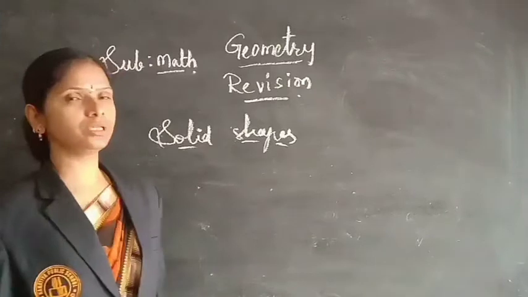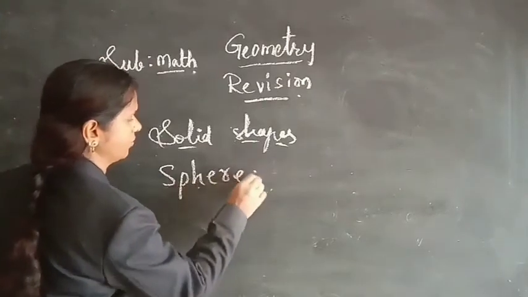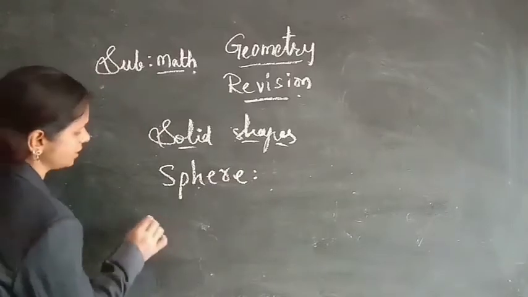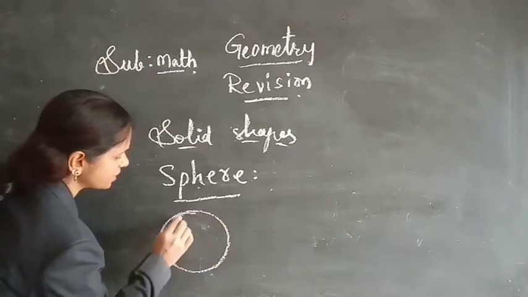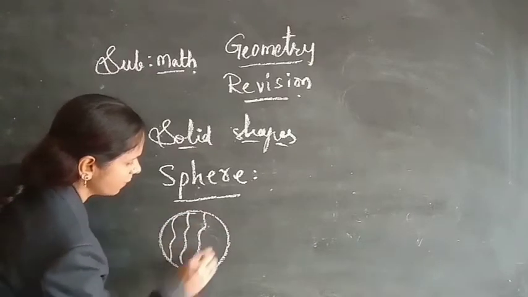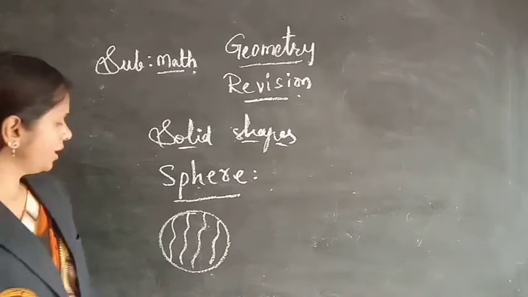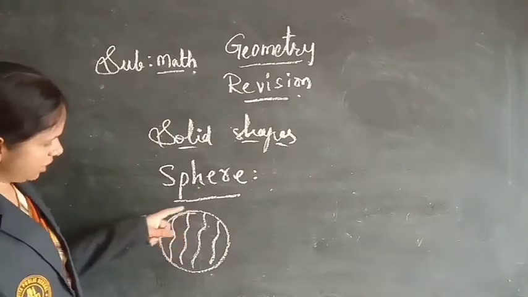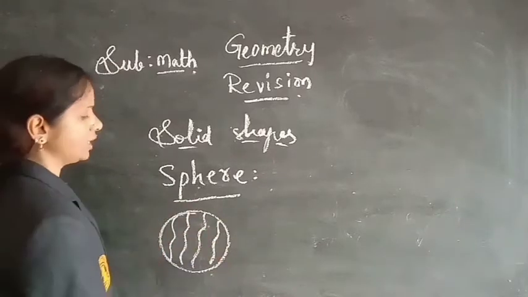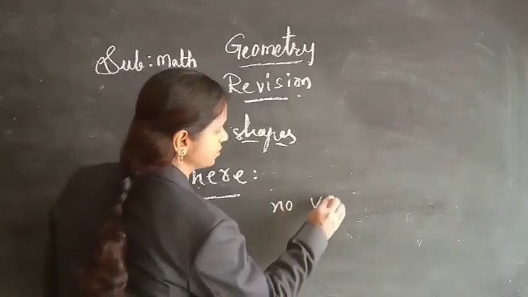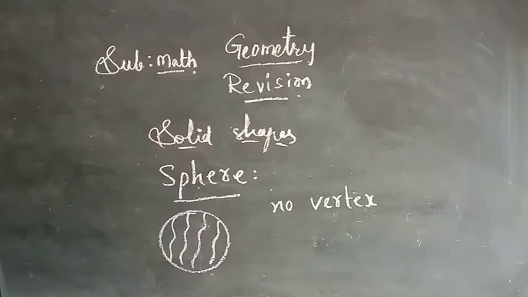Yes children, next solid shape is sphere. Here you can see a sphere. Examples of a sphere are a ball and a globe. Now you see here, can you see any vertex? No. So a sphere has no vertex, or you can call it zero vertex.